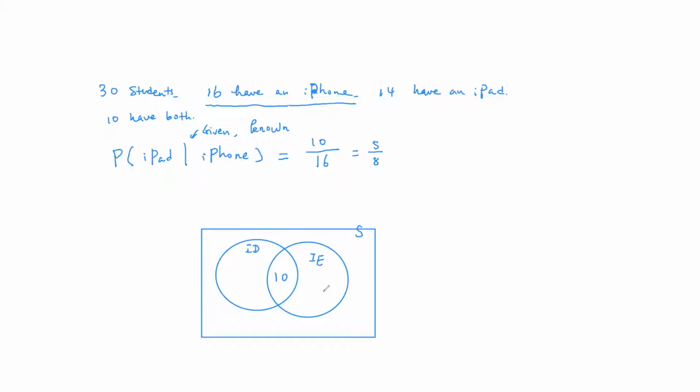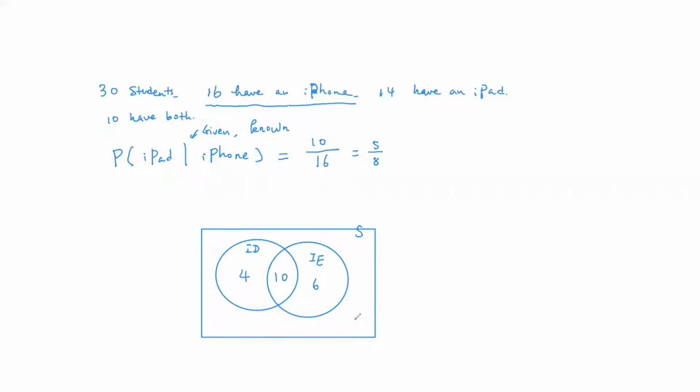And iPhone, you have 16 here and 4 here. By the way, you always take the total 14 minus the intersection, 10 of them, to put this number here. Do not put 14 here. That's the convention and it's more convenient.